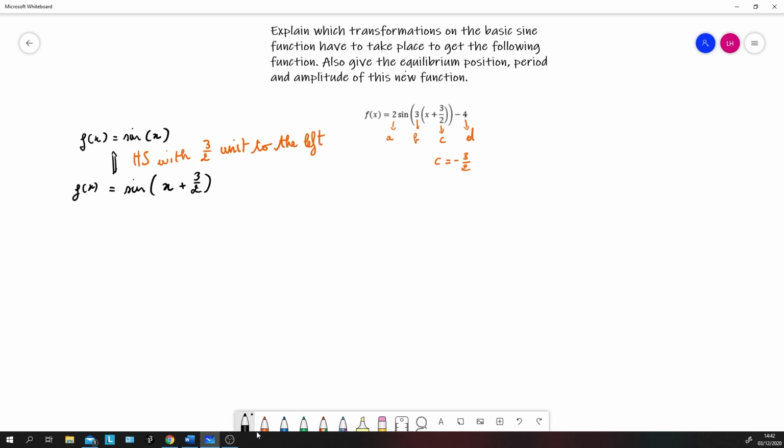Alright. Now, the next one can be the b parameter for our horizontal stretch. So we have f(x), our b is 3, so it's sin 3(x + 3/2). And what's happened here?